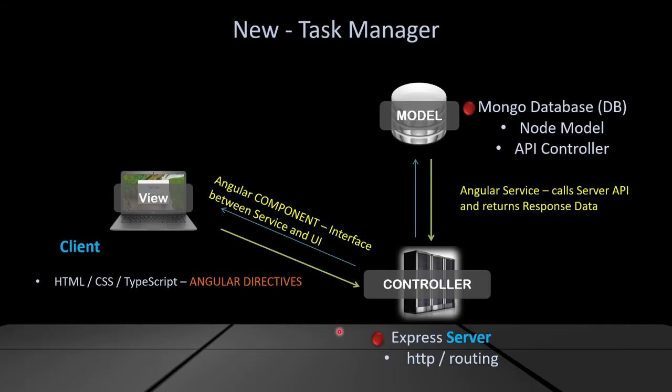So this is what I'm talking about when I say that I need to set up this relationship. This is the client side, where the views are and all of the Angular directives. So this is what we just set up now, the Angular side of this. We're creating the Angular components that we're going to switch out on our views using HTML, CSS, TypeScript, and all that kind of stuff.